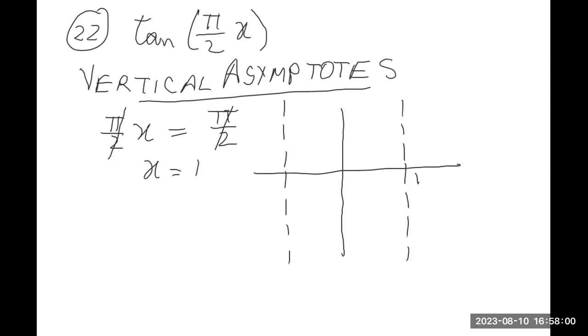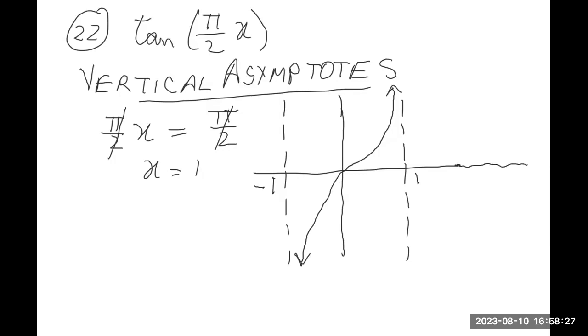Now, if there's a vertical asymptote at 1, then there is one at -1 as well. And the graph itself between those vertical asymptotes will look like this. The problem asks for 2 periods of this function. So this is 1 period, we need 1 more.